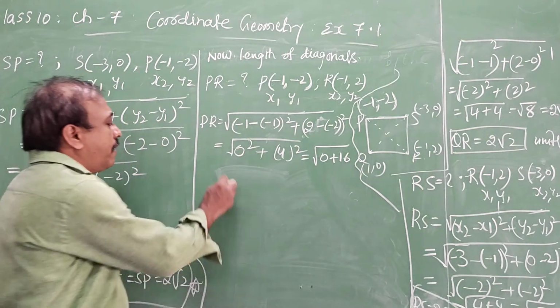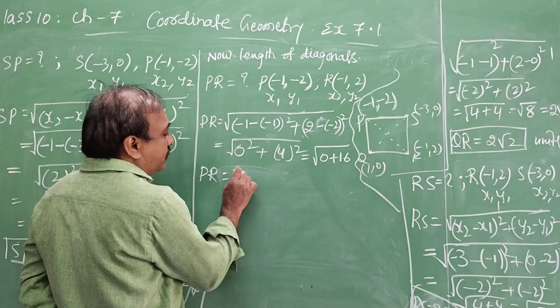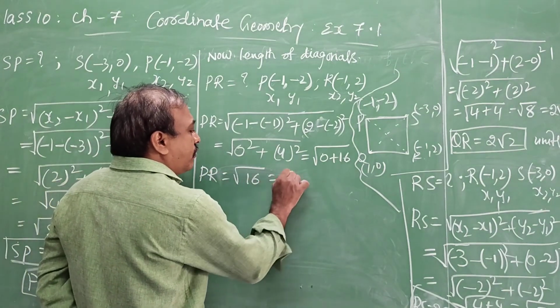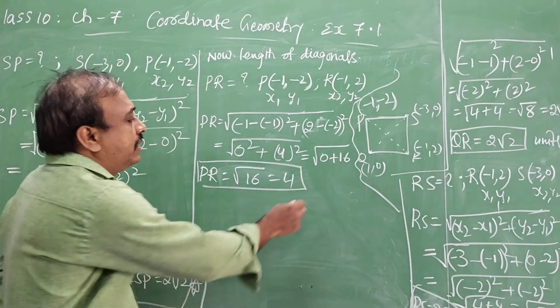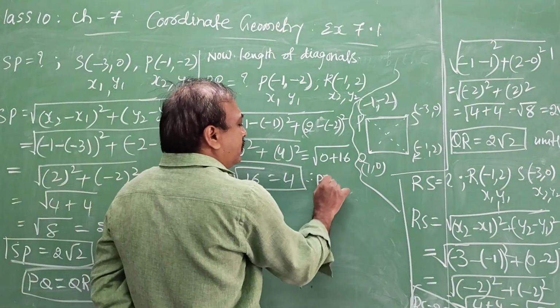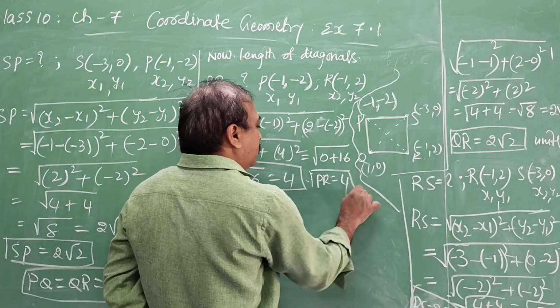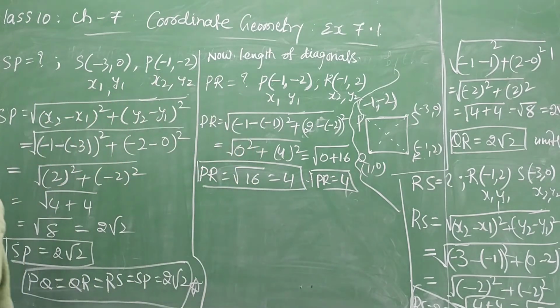So PR is equal to root 16, which is equal to 4. Therefore PR is equal to 4.